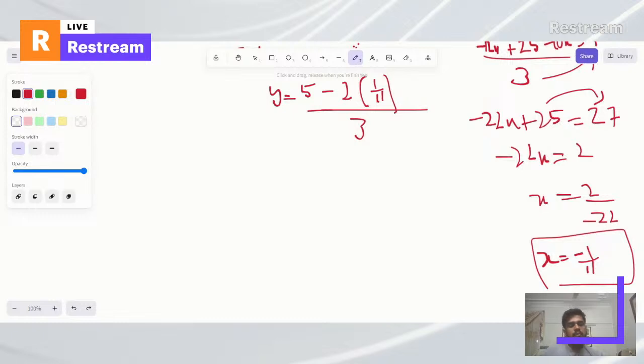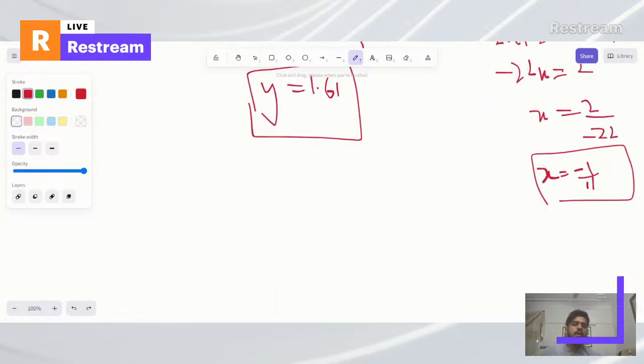So I think the final answer I'm getting is 1.661 to be precise. So that's the value of y, right? So that's the way we are going to find these 2 points.